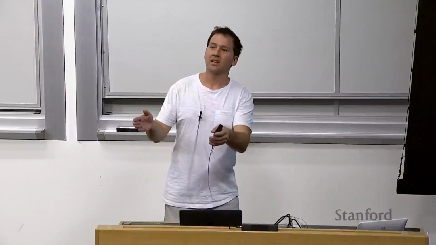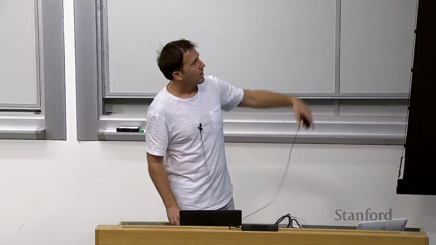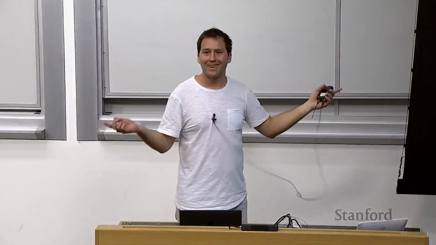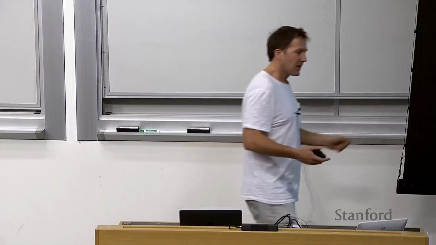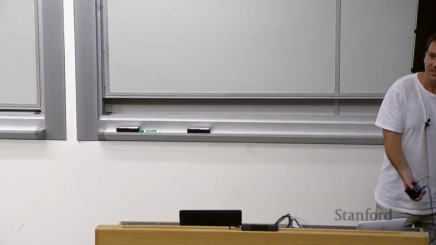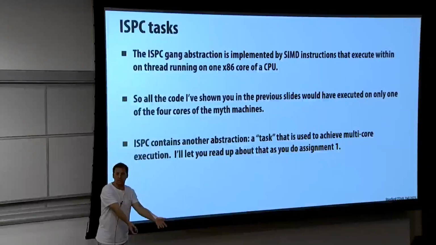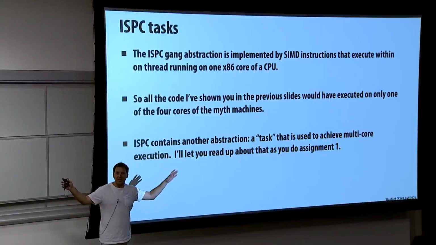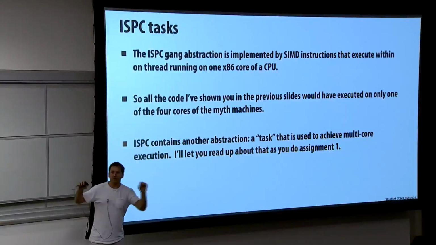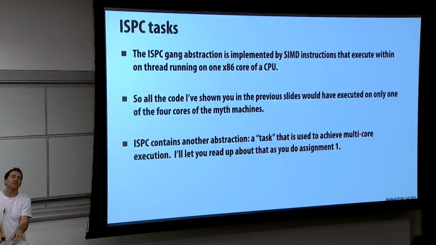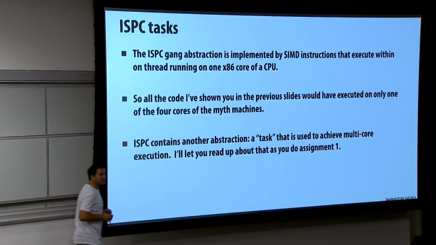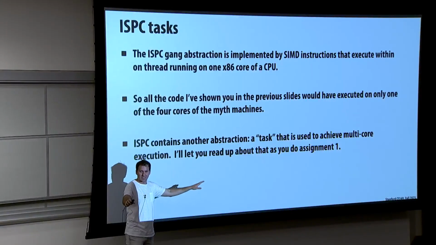Now, everything that we've said, you can just replicate out, and that's the idea of tasks. When you create a task, that's like saying, here is some work to do, and I want one gang of program instances to do it. So I can create 100,000 tasks if I want. In the same way that foreach said, here's a gazillion loop iterations, Ispc, you figure out how to assign them to program instances, tasks are like saying, here's a gazillion gangs of work to do.